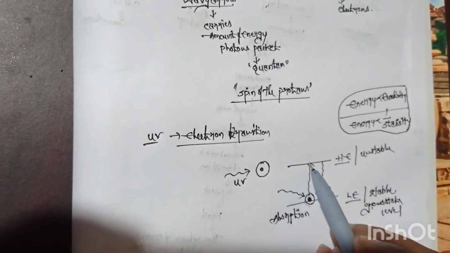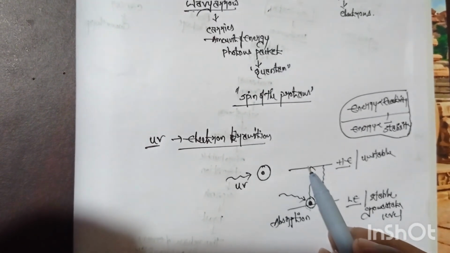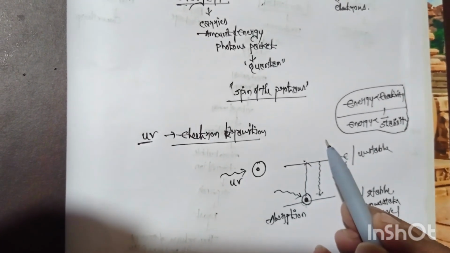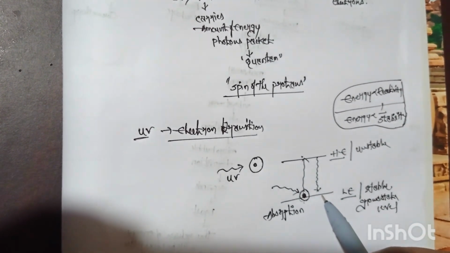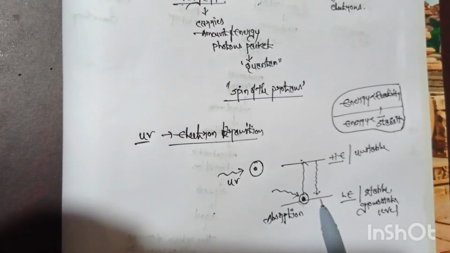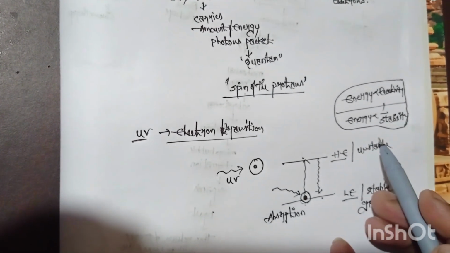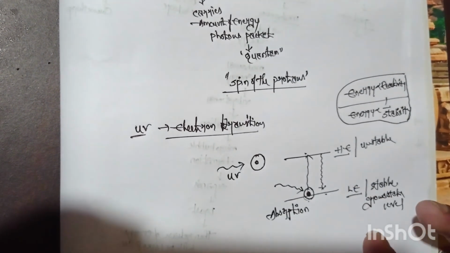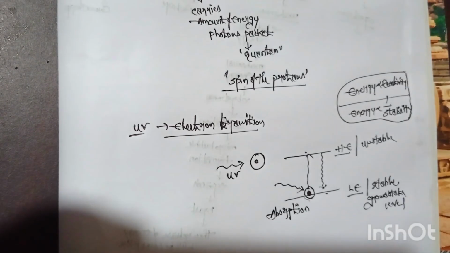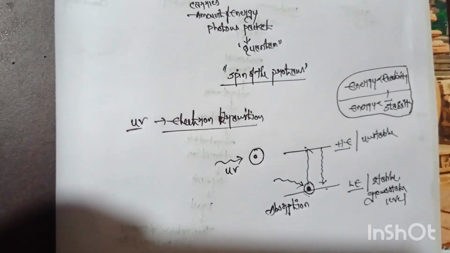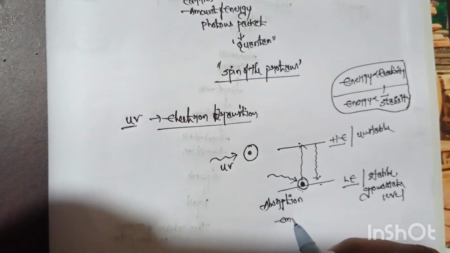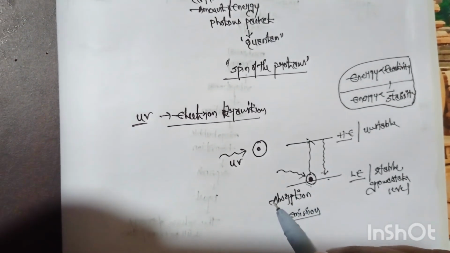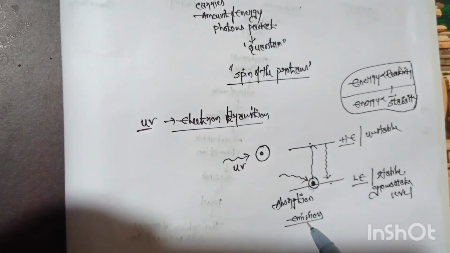After attaining the higher energy state, after some time it again reaches the ground state or lower energy state because it loses energy. That loss of energy is nothing but emission. So this is the difference between absorption and emission.